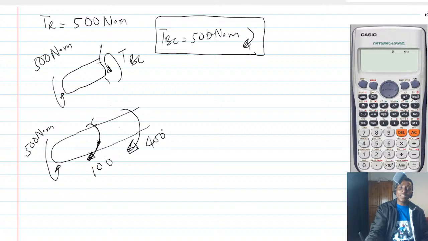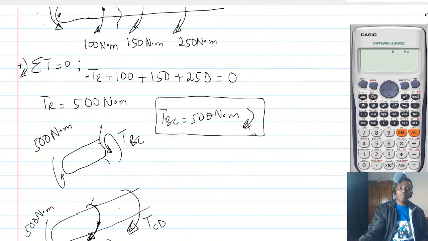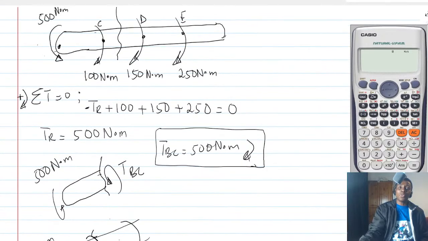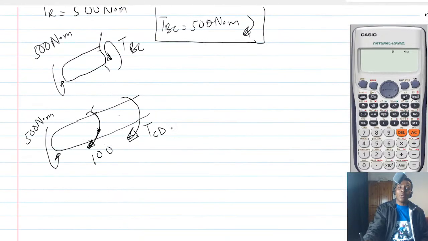So in other words, this torque, which is TCD, that is between C and D, must be what? 400, right? For equilibrium.